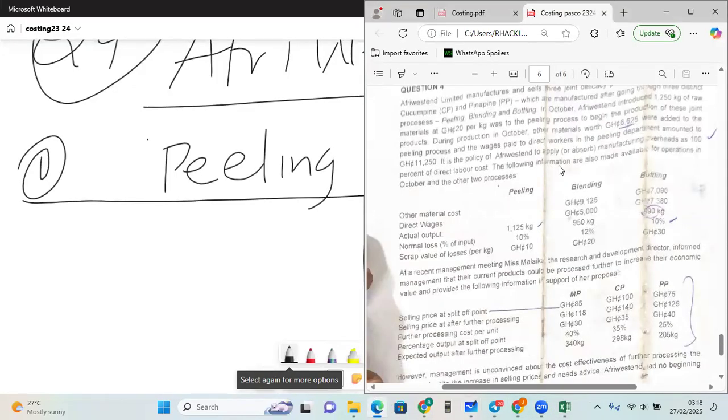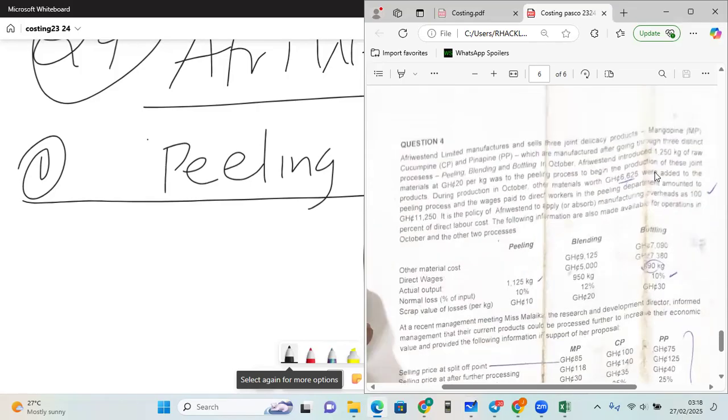They told us in the question that 1,250 kilograms of raw materials at 20 per kilogram were introduced at the beginning of production.